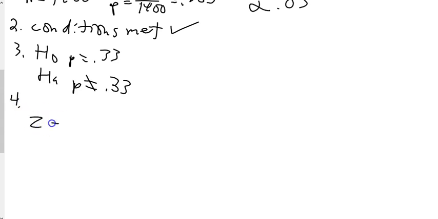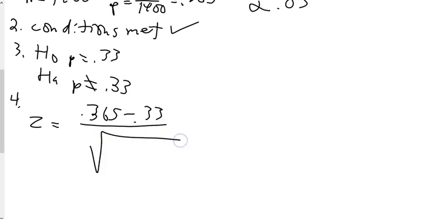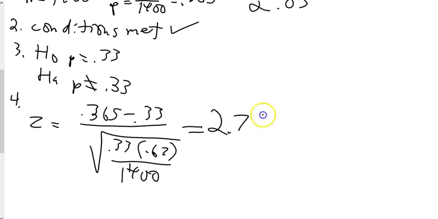Simple calculation. z equals our p-hat value, which is 0.365, minus 0.33, our p, over the square root of p, 0.33, times 1 minus p, which is 0.67, divided by our n, 1,400. Which gives us a z-score of 2.79, rounded. It's actually 2.785. We like to go to 2 decimal places for our z-score, so we look at 2.79.